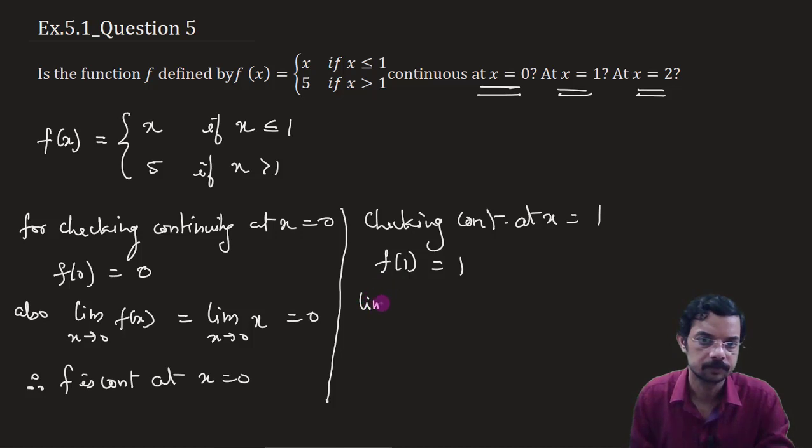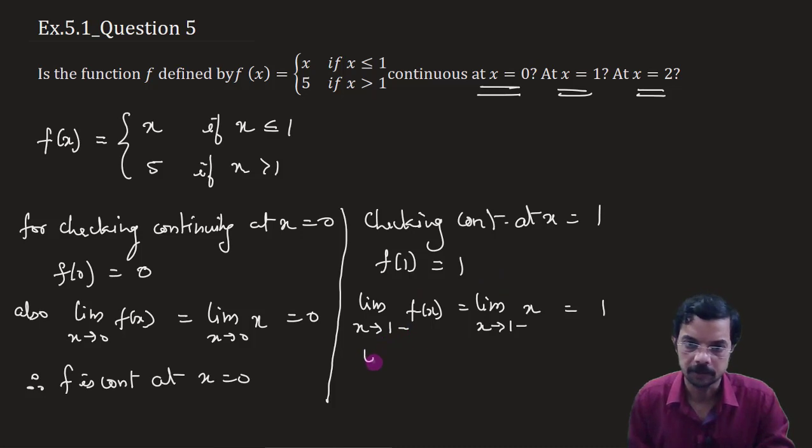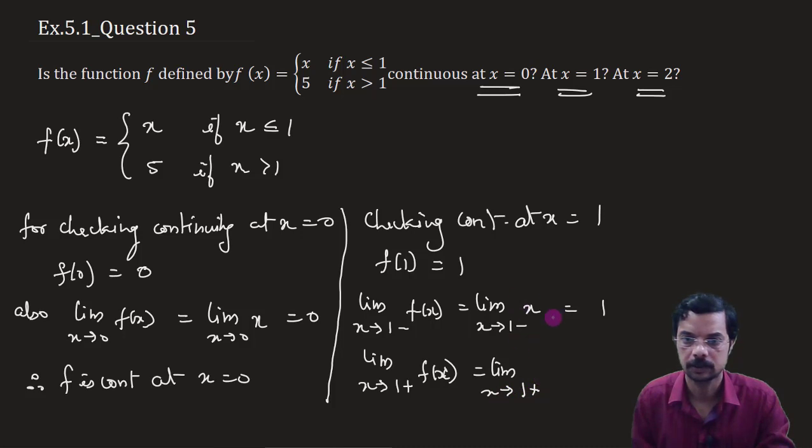So limit x tends to 1 from the left, f of x will be equal to limit x tends to 1 from the left. What is f of x from the left hand side? From the left hand side it is equal to x, and that is equal to 1. Okay, now limit x tends to 1 from the right, f of x, that is equal to limit x tends to 1 from the right. Sorry, f of x is defined as 5. Here we cannot put the value of 1, so that's why it is 5 itself.